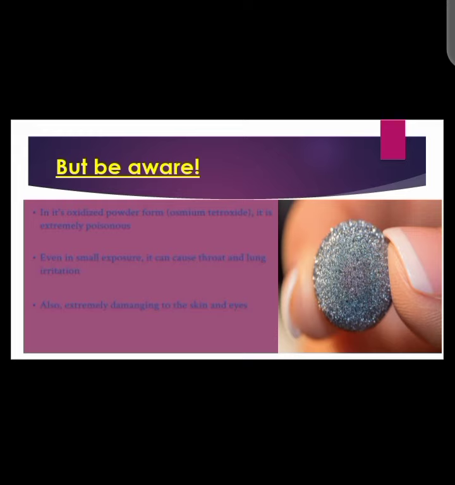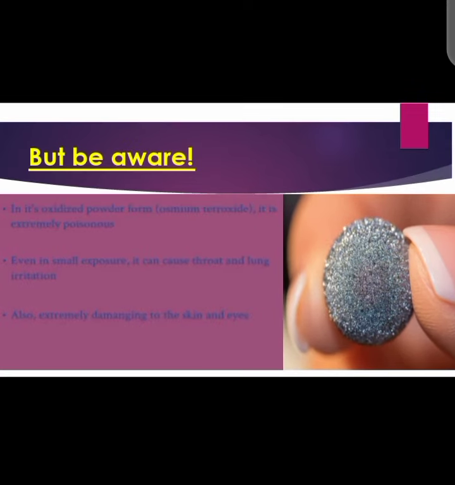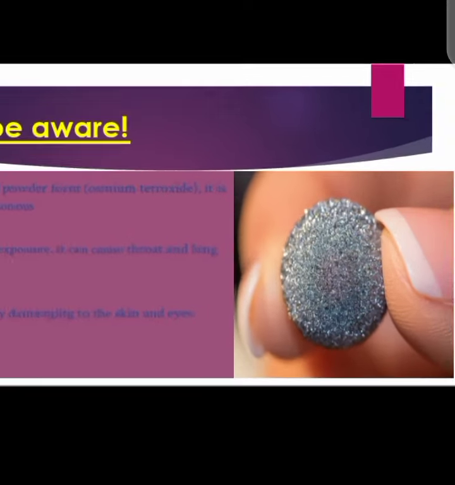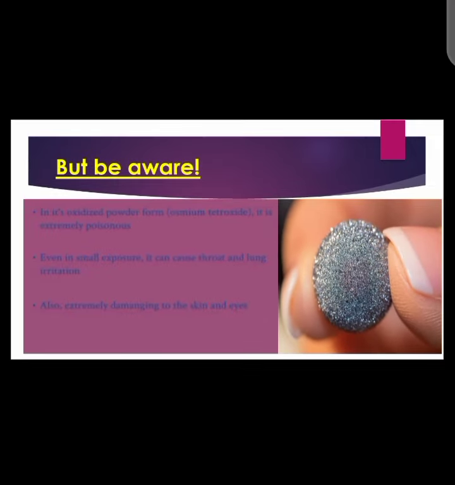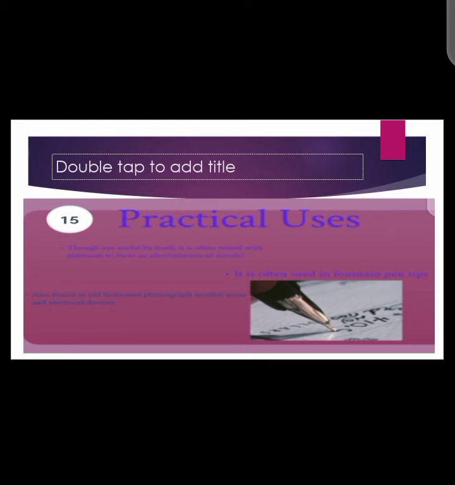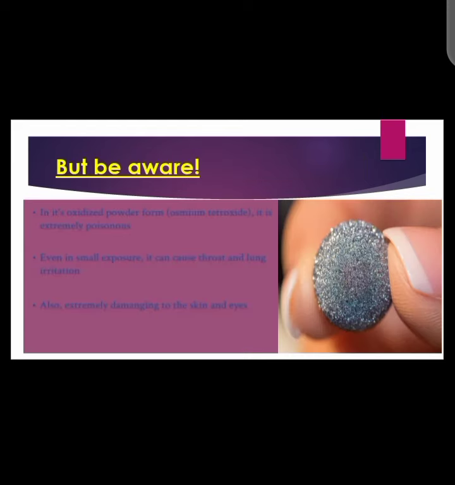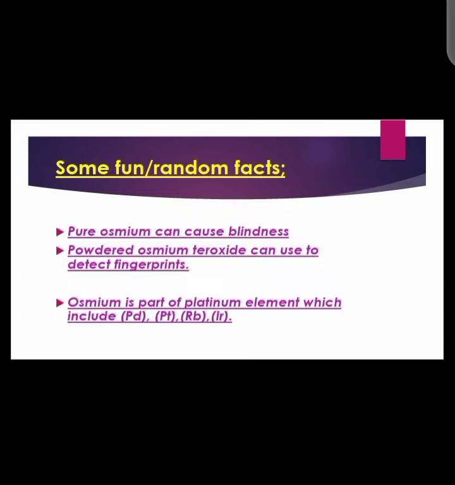But be aware, it can also be dangerous. As you can see, osmium looks like that. It can be extremely dangerous to our skin and our eyes. Even small exposure can cause throat and lung irritation in its oxidized powder form, osmium tetroxide, which is extremely poisonous.